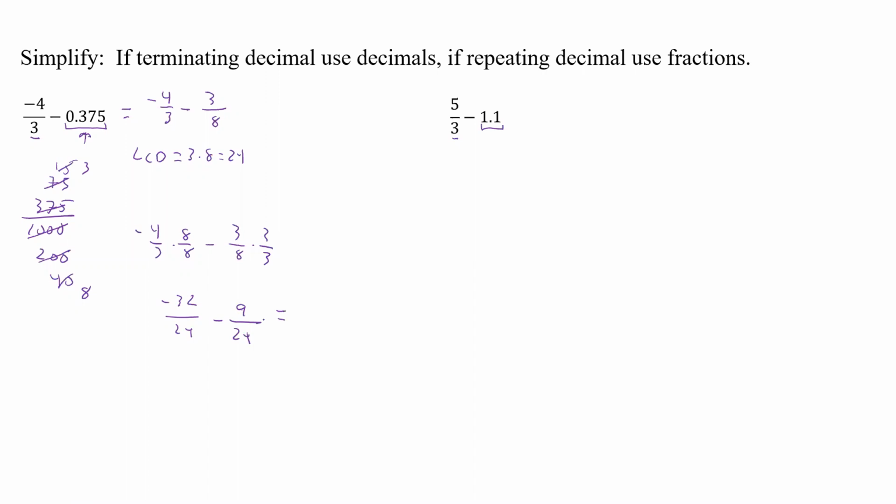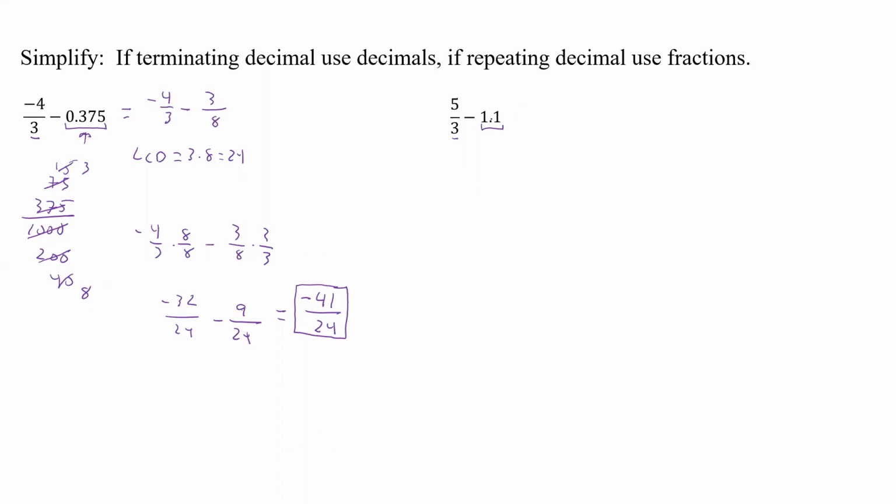And since they're both the same sign, we just add the two together, 32 plus 9. So that's going to give us a minus 41 over 24. And that's as far as we're going to go, because again, if we go ahead and divide it out, it's going to become a repeating decimal, and so we'll just leave it as the negative 41 over 24.